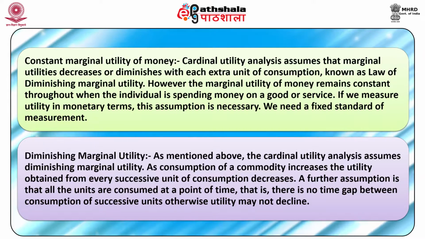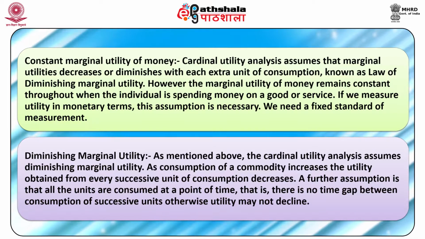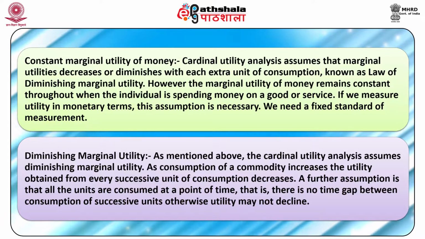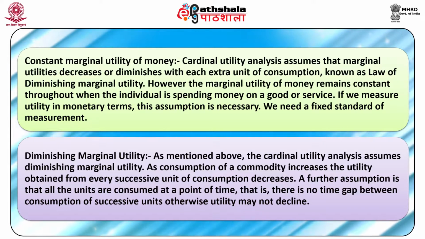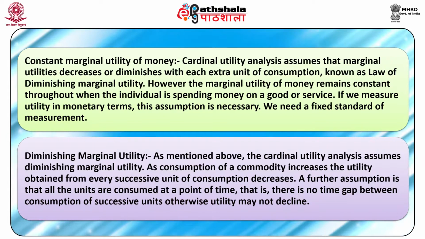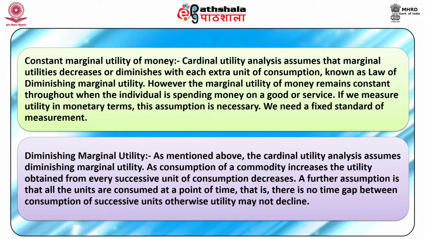Then we have the assumption of diminishing marginal utility. In the cardinal utility approach, this is the all-important assumption. As consumption of a commodity increases, the utility obtained from every successive unit of consumption decreases.